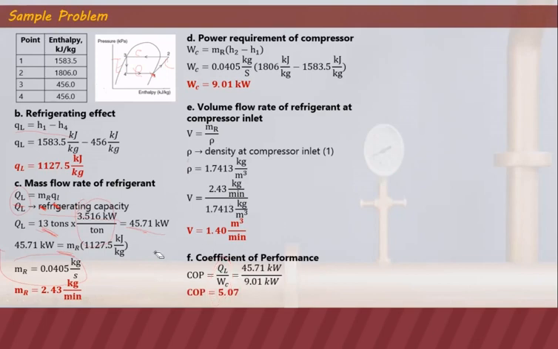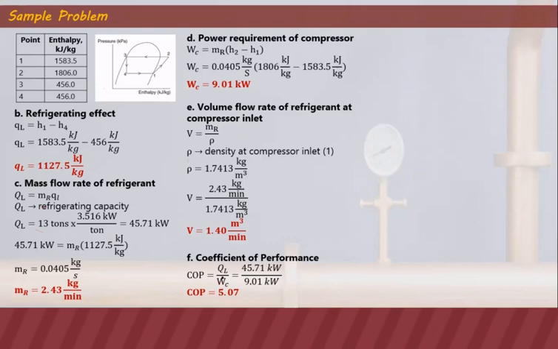5.067. What does the COP tell us? The COP of 5.07 tells us that for every 5 kilowatt of energy that you use, you will be able to produce one amount of refrigerating effect.